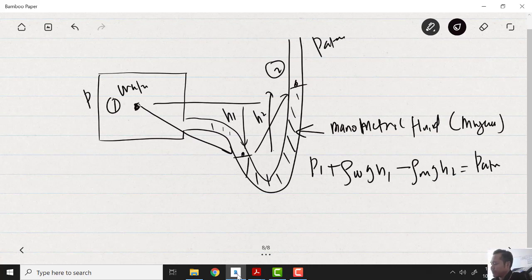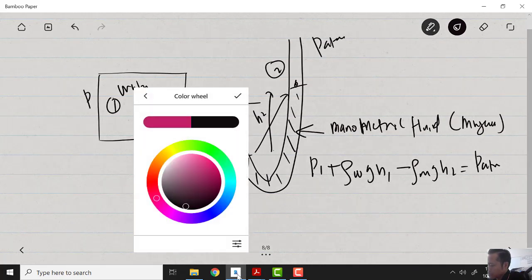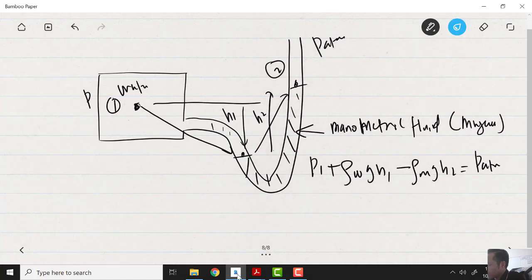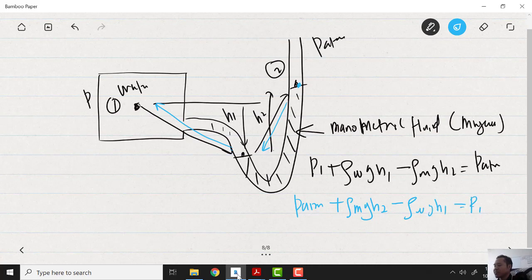If your starting line is from up here, and then you go down, and then you go up, the equation will become PATM plus rho mercury GH2 minus rho water GH1 equals P1.